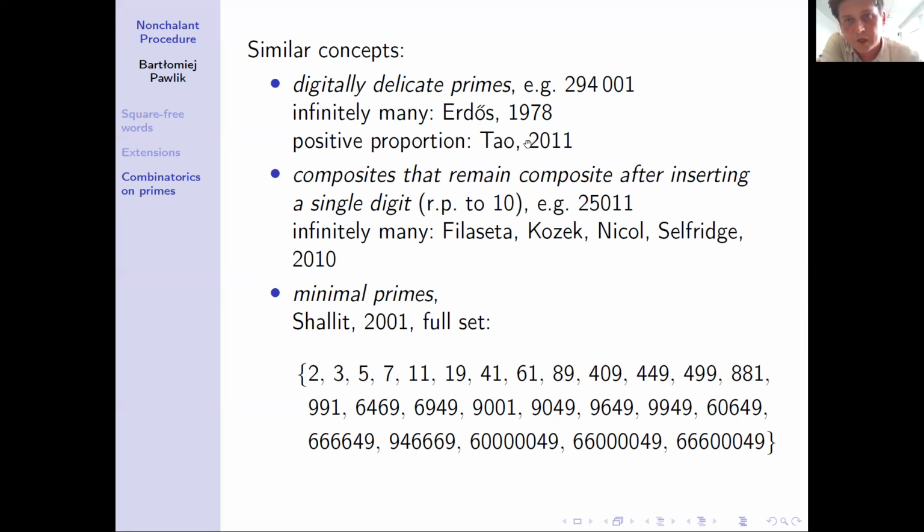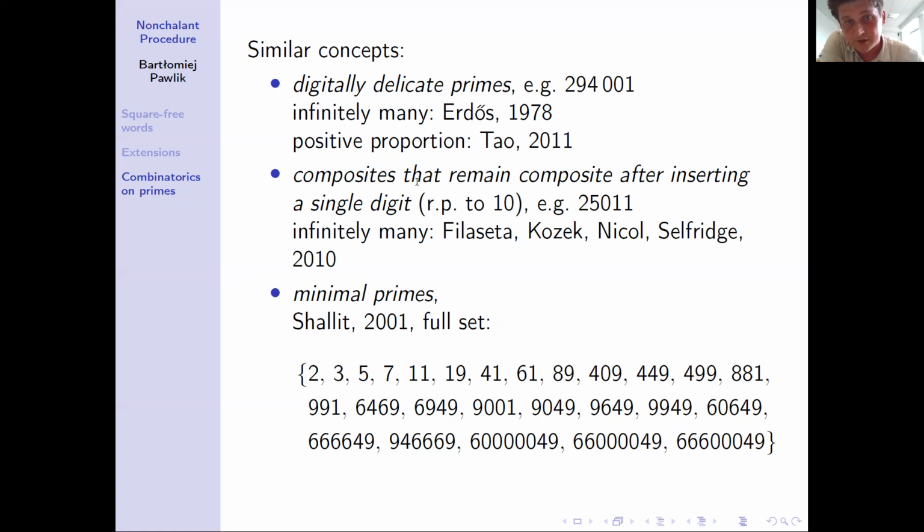Later, in 2011, Tao proved that a positive proportion of primes have such a property. So there are relatively a lot of them, as we know.